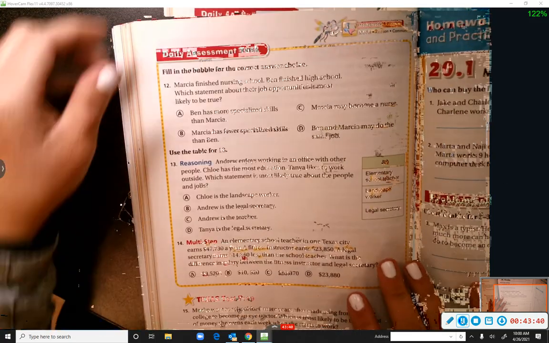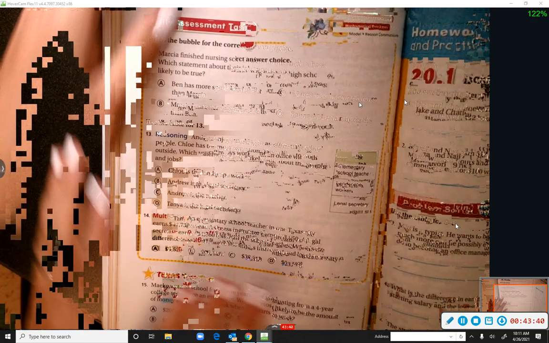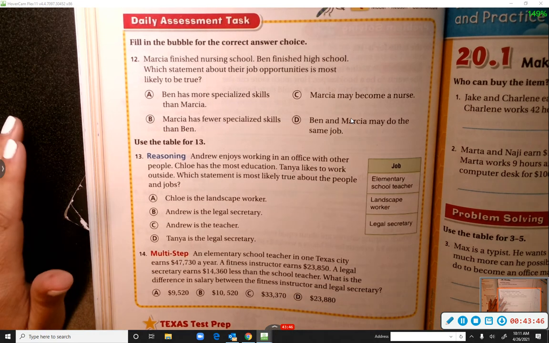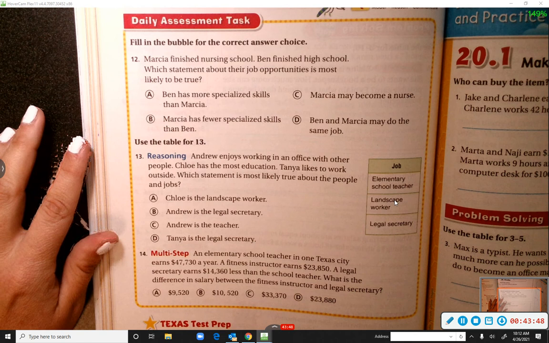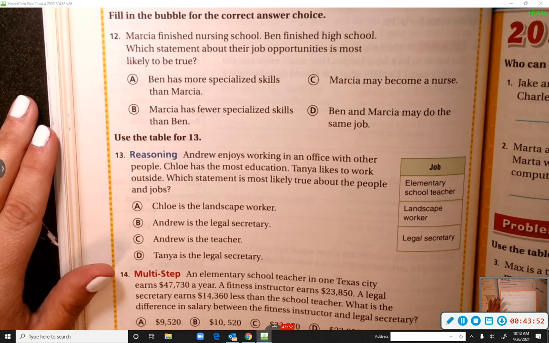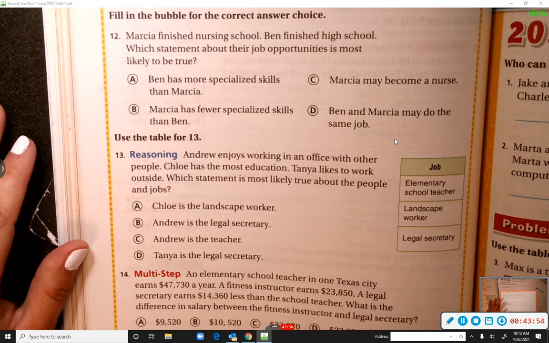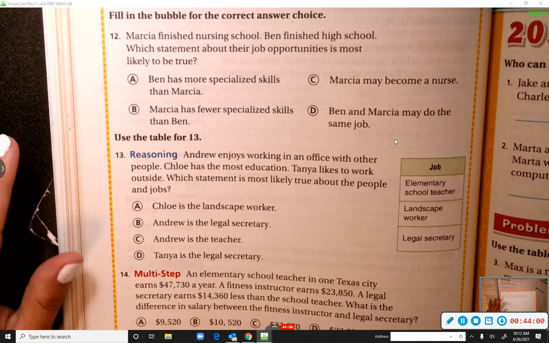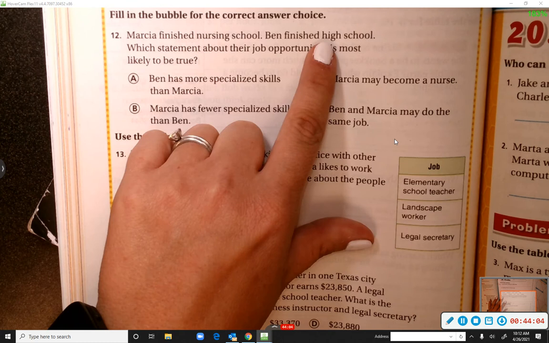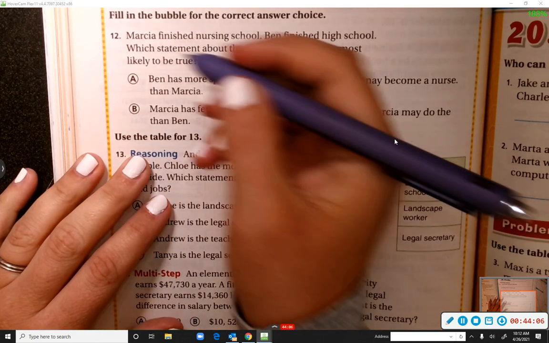Okay, we're going to go ahead and check 12 through 14. Number 12 says, Marcia finished nursing school. Ben finished high school. Which statement about their job opportunities is most likely to be true? You can already eliminate A and B. Ben has more specialized skills than Marcia? Probably not if he only went to high school, right?